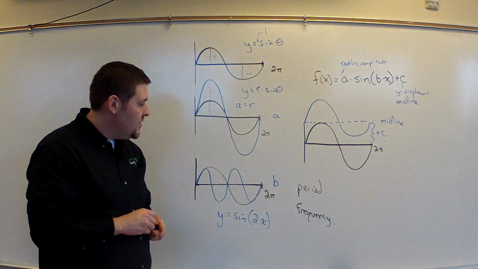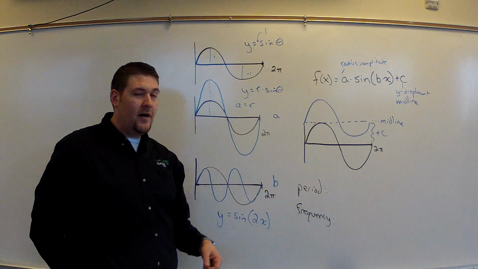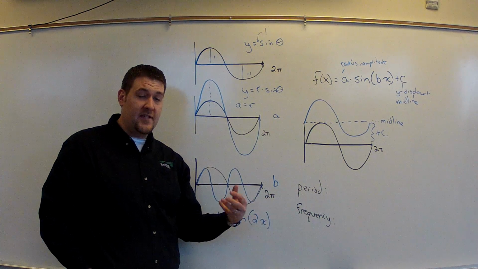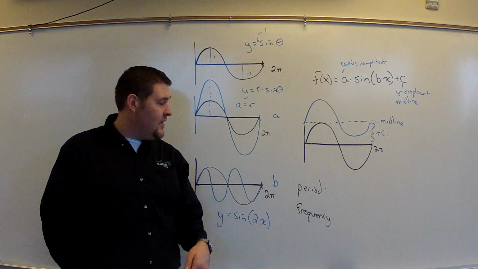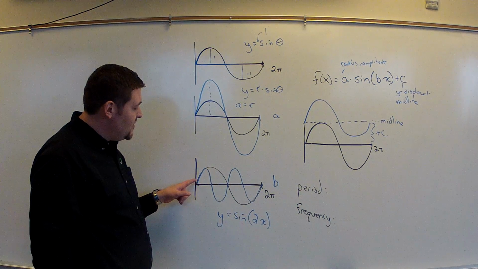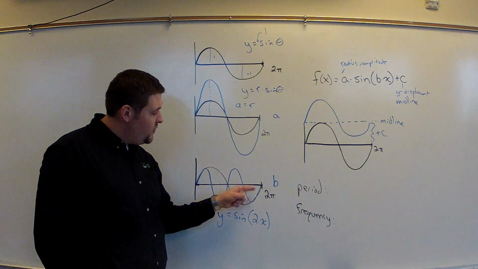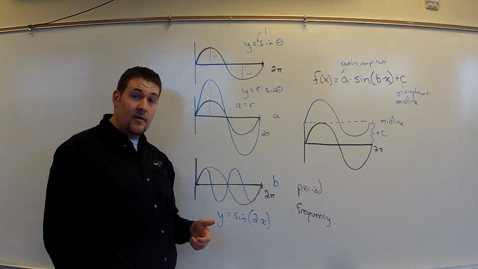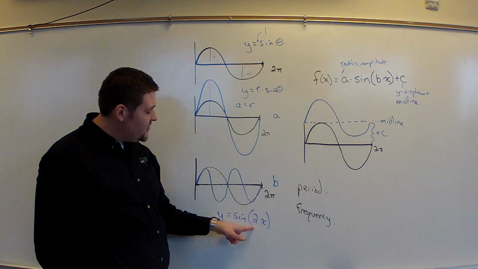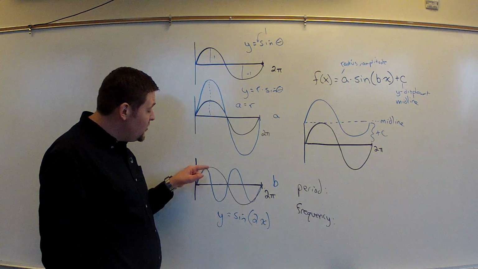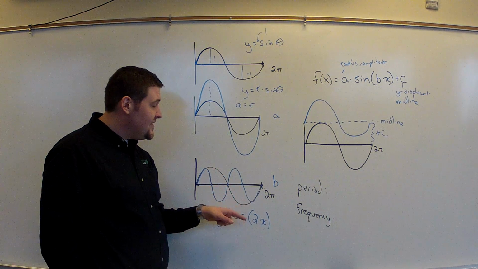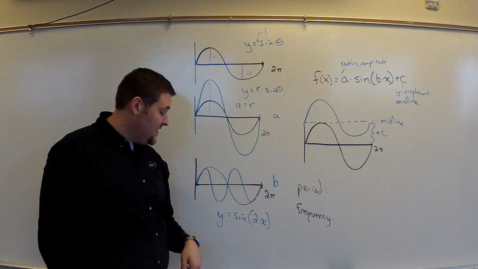Now, period is denoted as the amount of radians it takes for the cycle to repeat, or the amount of time something takes before it repeats. So here on the black one, the original function, it takes a full 2 pi radians to do a cycle on the sine curve. On this function, where it's twice the angle, or 2 times x, we can now fit 2 full cycles in, which means it completes a period in half of the space.